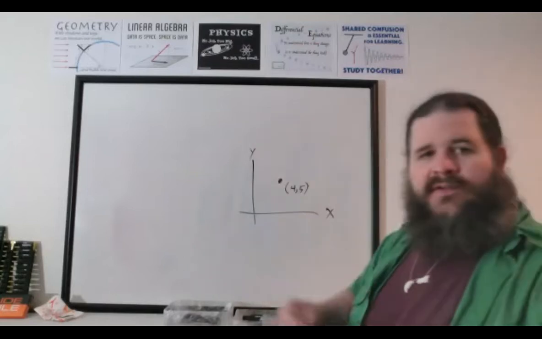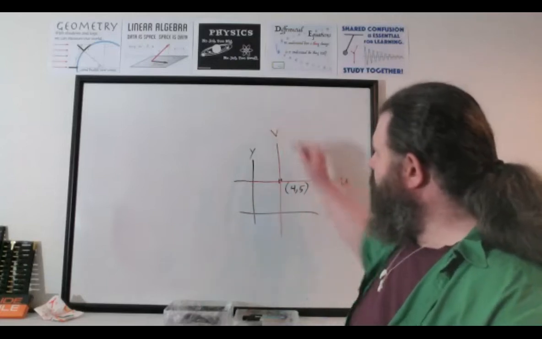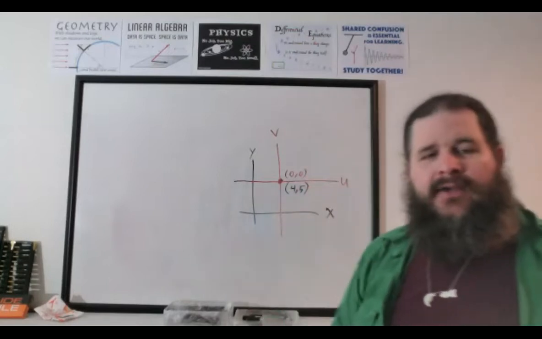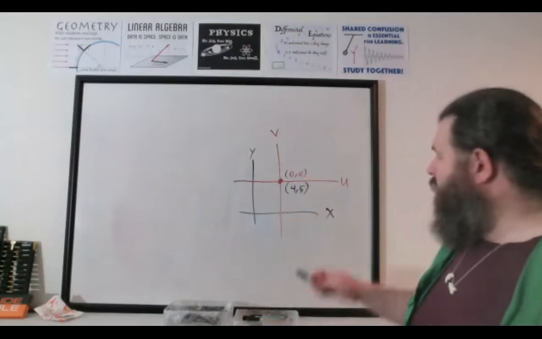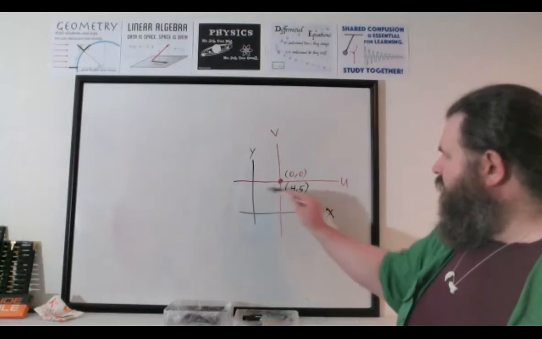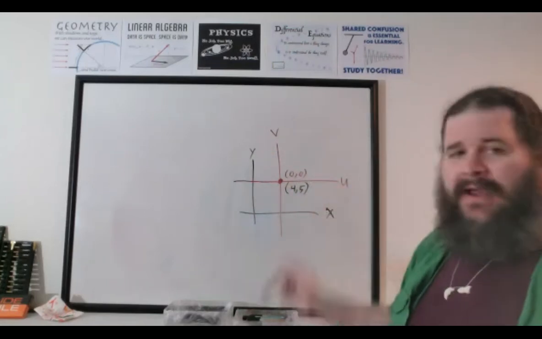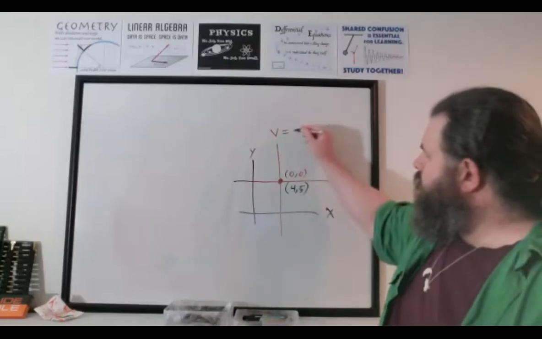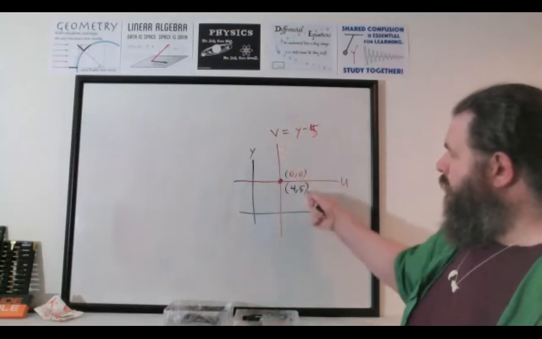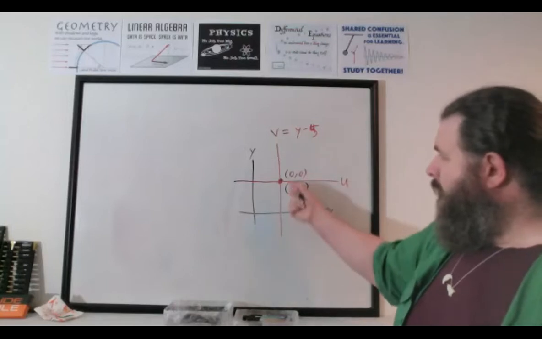If you set up a new coordinate system with a u axis and a v axis, the new coordinates at that point are now 0, 0. And then you need to make some modifications, like for instance, u is equal to x minus 4 and v is equal to y minus 5. Because v needs to be the y value 5 modified to become 0, and u needs to be the x value 4 modified to become 0.